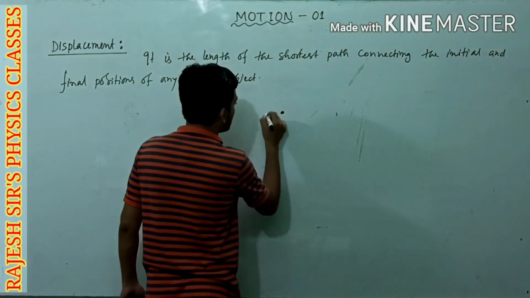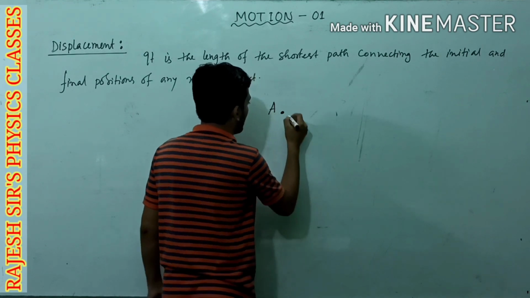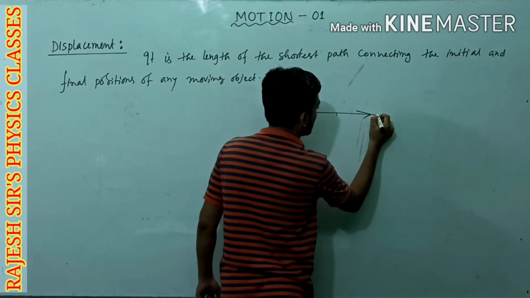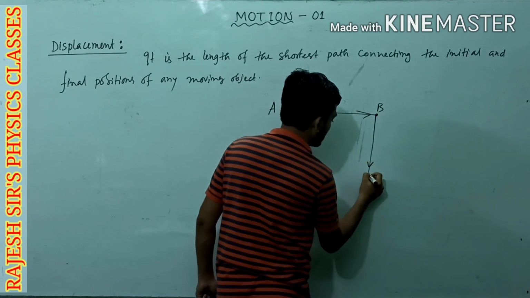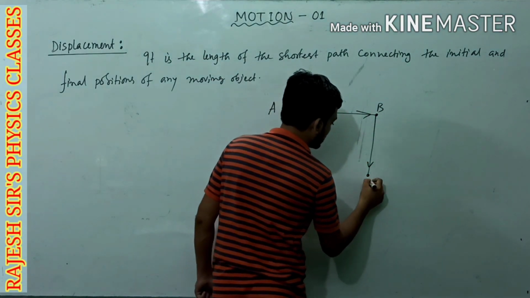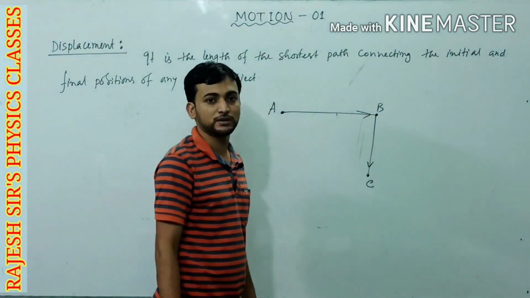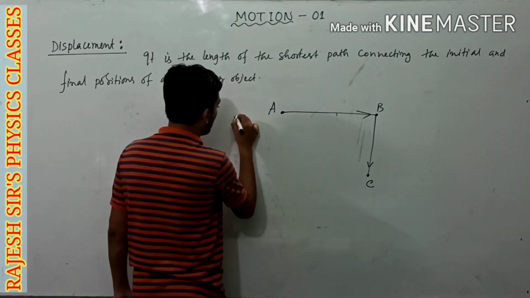Suppose a body starts its journey from point A and it reaches the point B after a certain time and finally it completes its journey after reaching the point C. So what is the initial point?